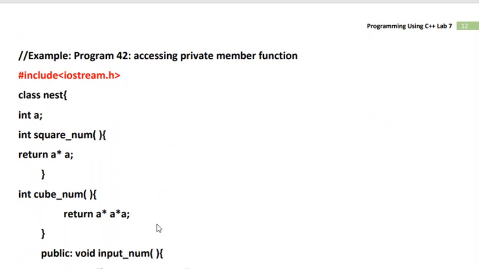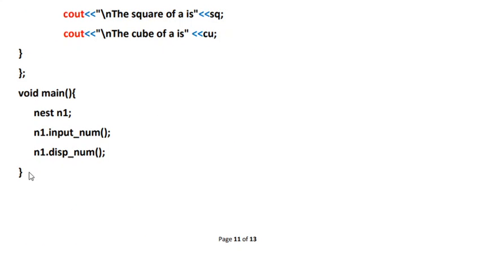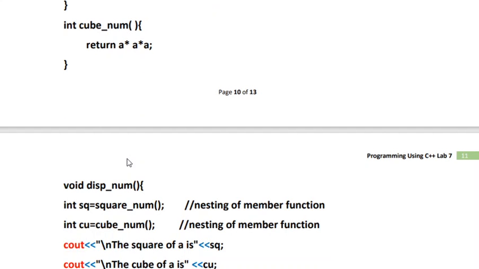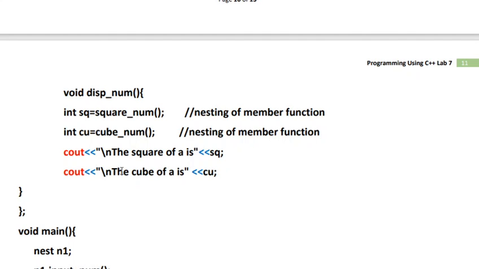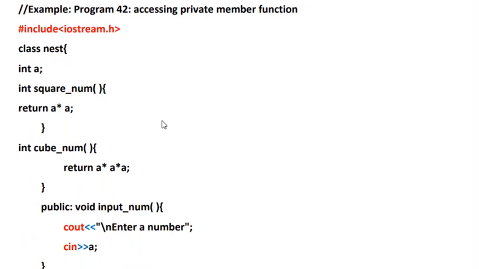Now I'm accessing a private member function. Here also we have made access to a private member function. Since square num is a private function, we have accessed the private member function through the member function of the same class. Now, accessing private member function: this is the same program that we have, but here we have placed cube num as a private member as well.